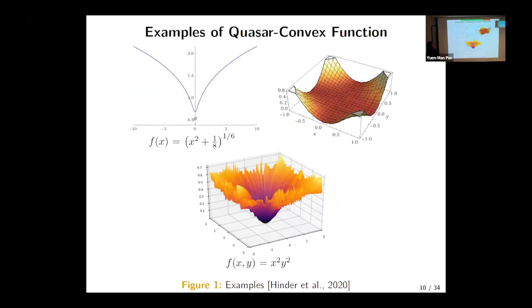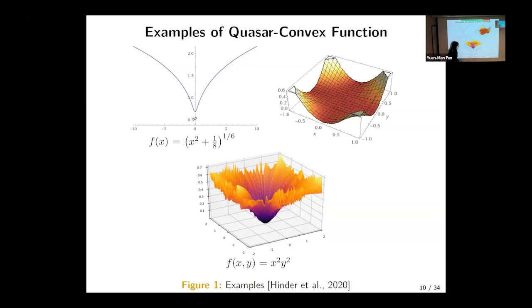Okay, we can take a look at some examples of quasar convex functions. So this is a quasar convex function, whose sub-level sets are not convex, and it is not even a star convex function. It's just a quasar convex function. And for this example, this is a star convex function, x squared y squared, so automatically, it is also a quasar convex function.